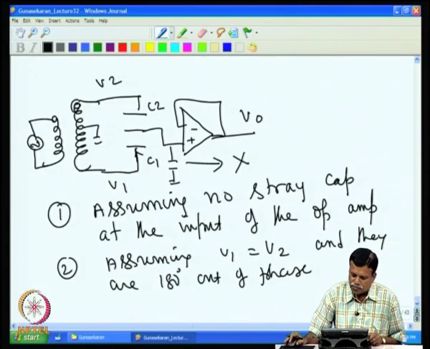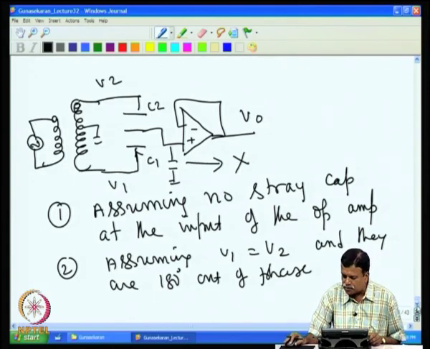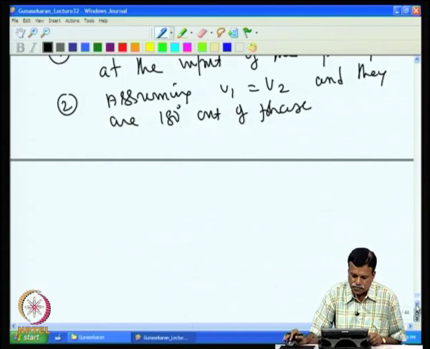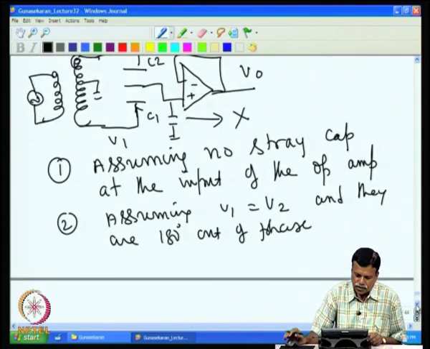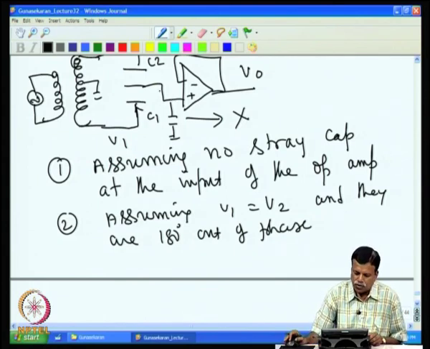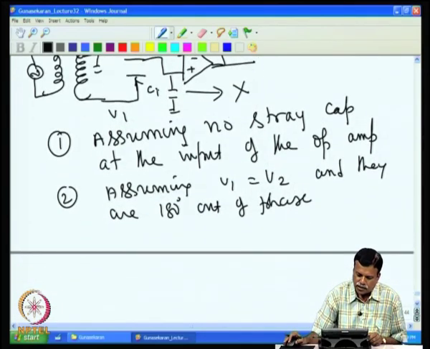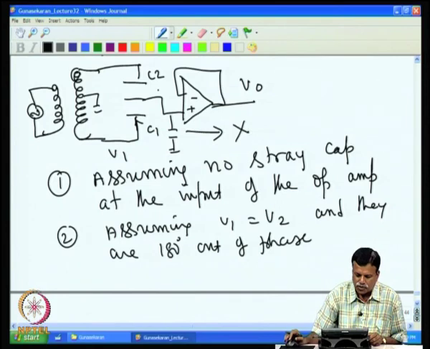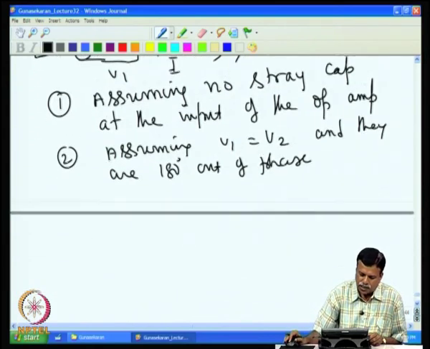If this assumption is made, then we can show that the input current coming from here goes here, and the input current coming here goes here. Now, since the input is not 0, we cannot take the currents as they are. So, we have to analyze in terms of voltage. We can write the output voltage in terms of C1 and C2, that is what we have to do now.